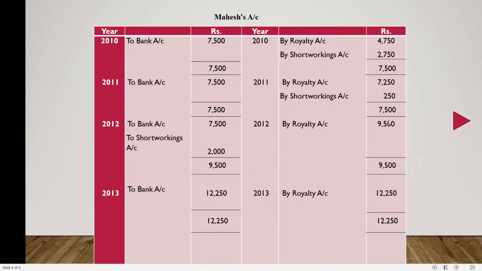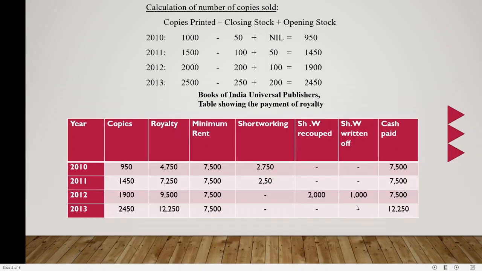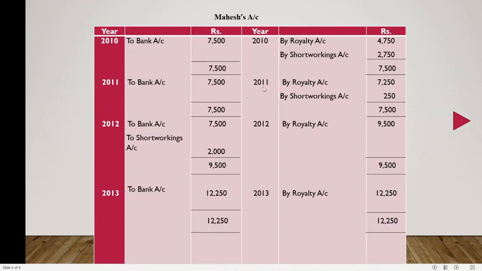So total 7,500. Next, in the year 2012, there is no short working. So by royalty account 9,500. But there is recoupment of short working, so lessors account debtor to short workings account, Mahesh account debtor to short workings account 2,000.